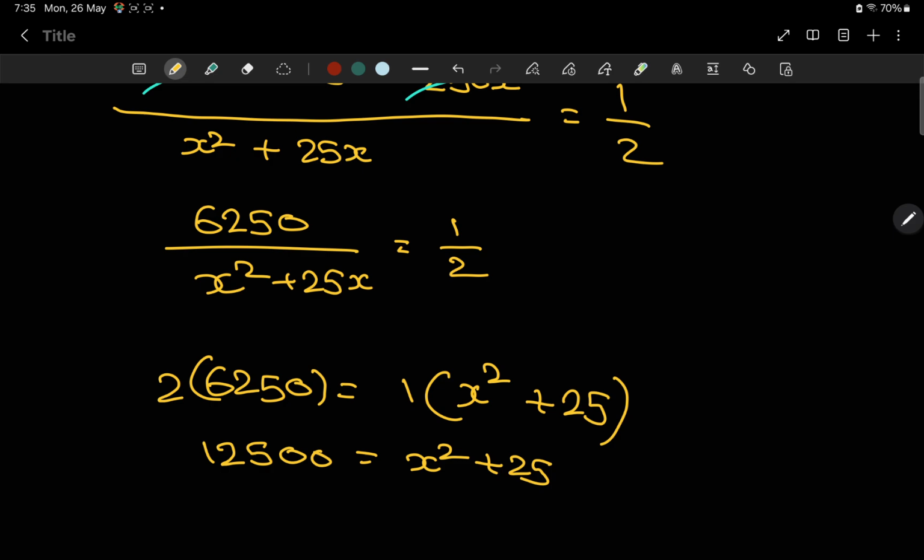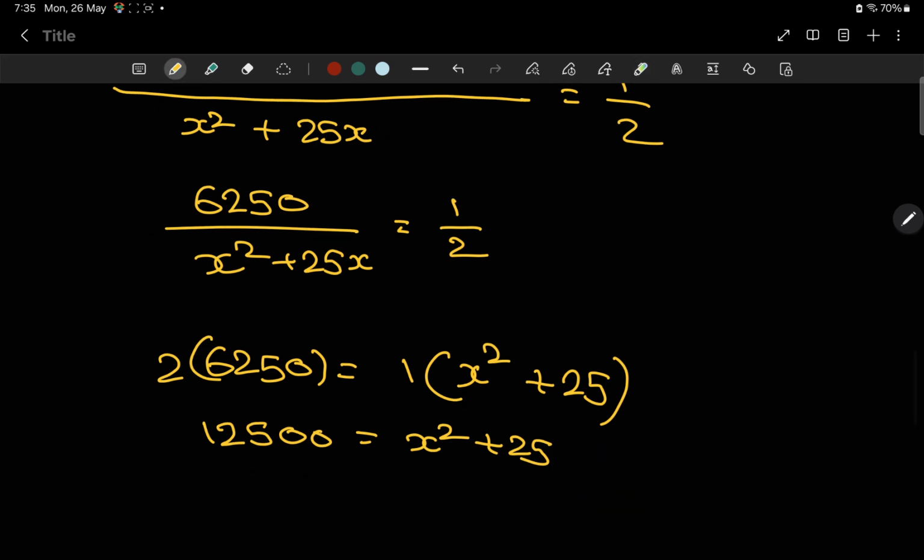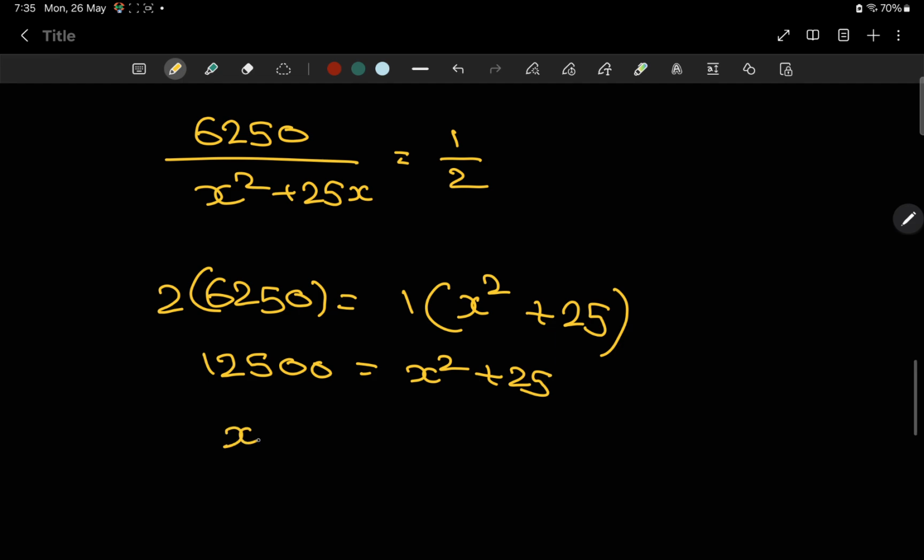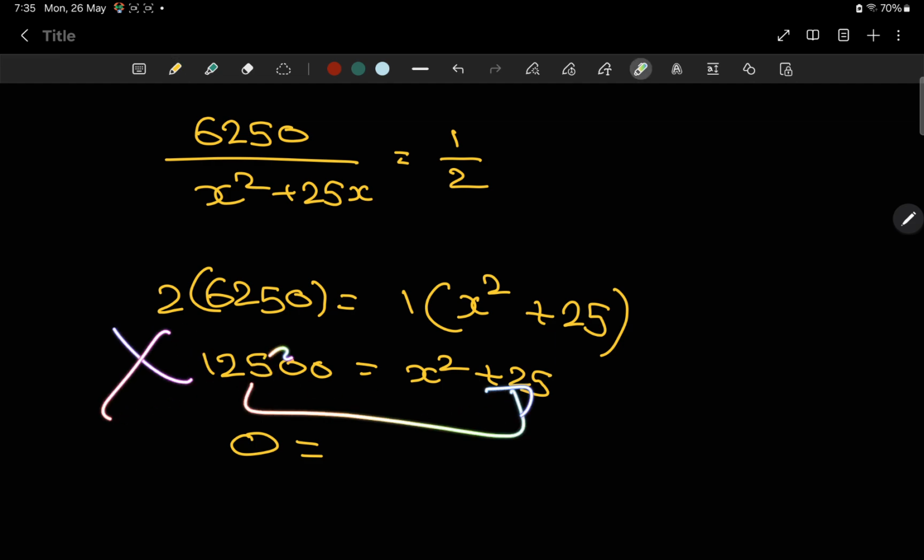Now let's transpose, which means let's bring all the terms to one side and make the other side 0. So I am bringing this 12,500 to this side, so there is nothing here, so it will become 0.